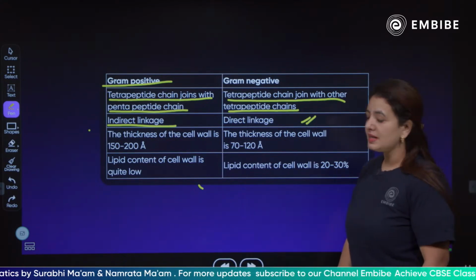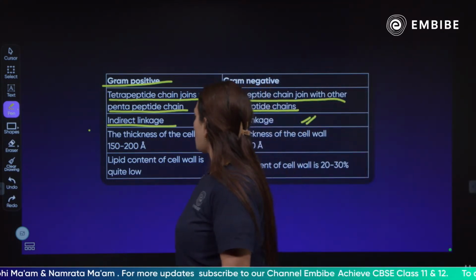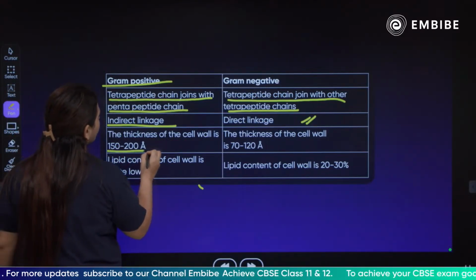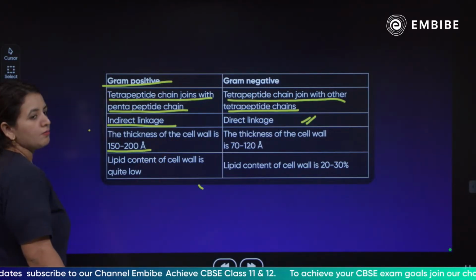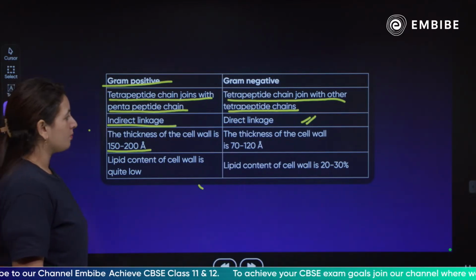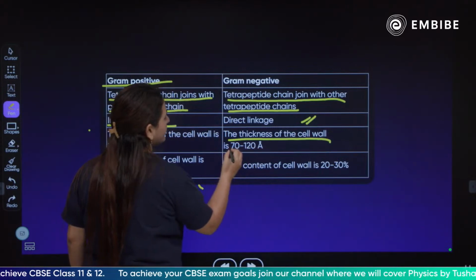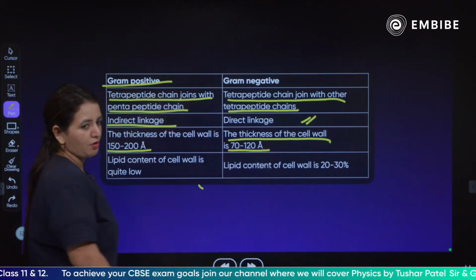As you can see, children, the thickness of the gram positive cell wall is 150 to 200 angstrom, and the thickness of the gram negative bacteria is 70 to 120 angstrom.